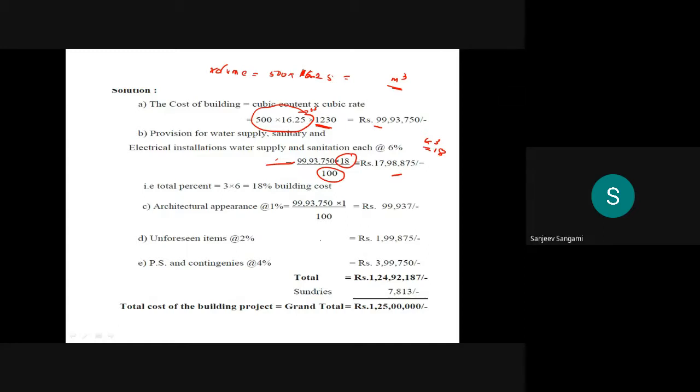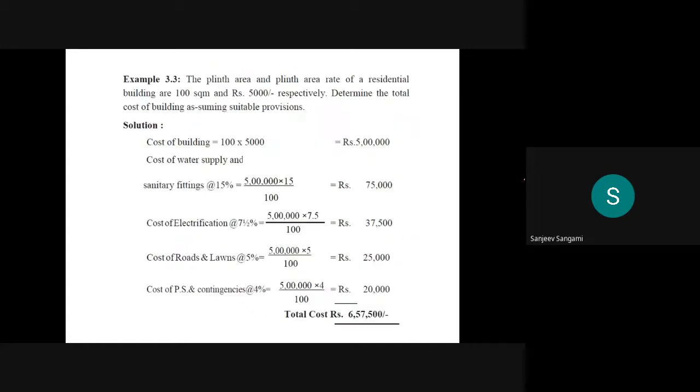Then architectural appearances 1 by 100, whatever the amount it is. Then unforeseen items, that is 2%. Contingencies, that is 4%. Just multiply with whatever amount you are getting, the same you can multiply with those things.